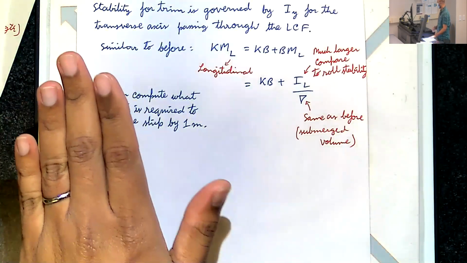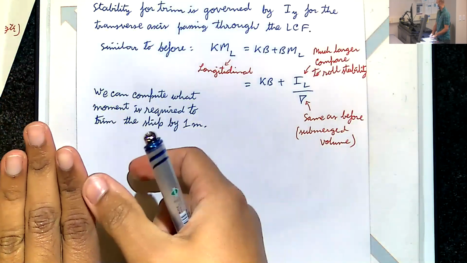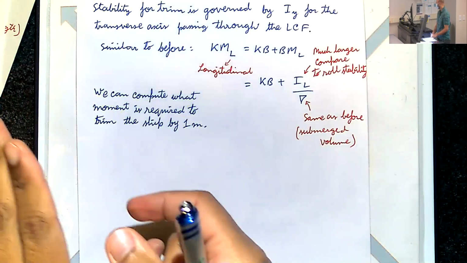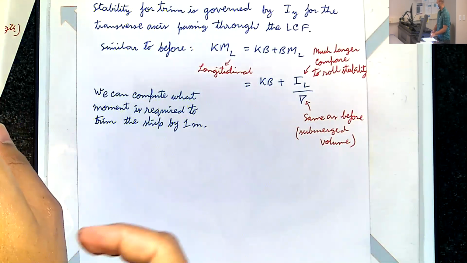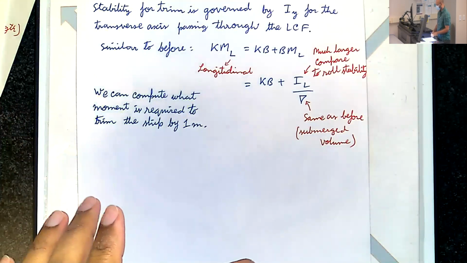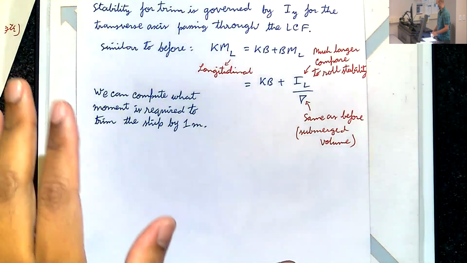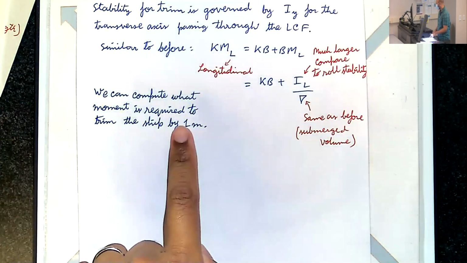Think about this. The draft of your aft is 1 meter different from the draft of the fore, either up or down. So that's a huge number.